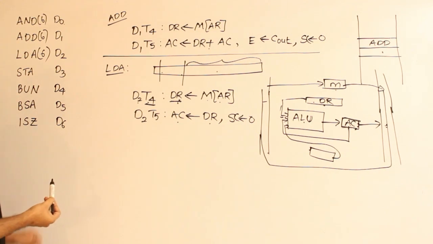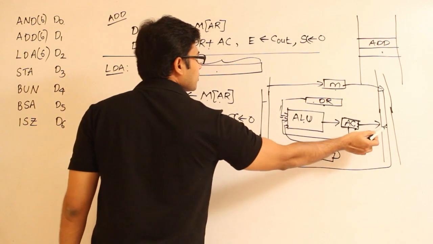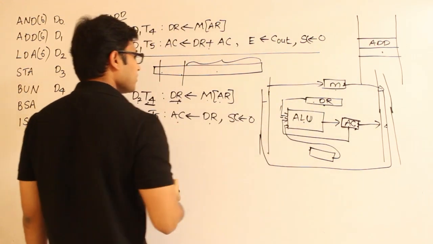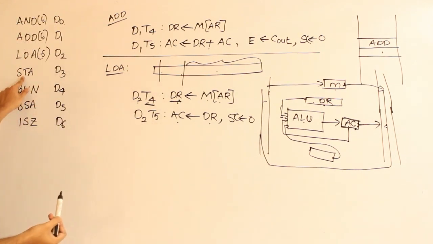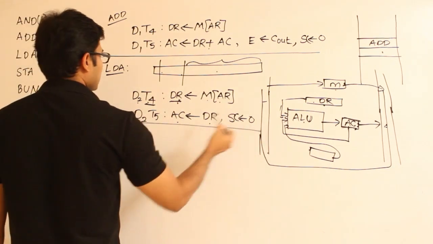And the next one is store accumulator, which means whatever is present in the accumulator, I want to store it into the memory at the address given by the effective address, which is derived from the instruction.